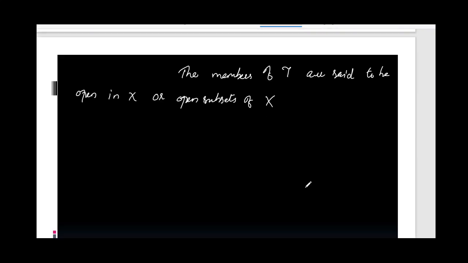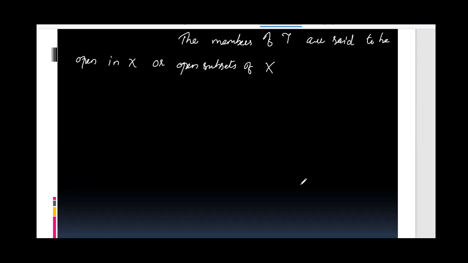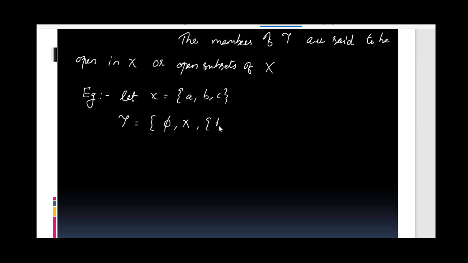We can have an example here. Let X be the set {A, B, C}. And suppose I am taking my tau as the empty set, X, and, sorry, not singleton, the set {B, C}.